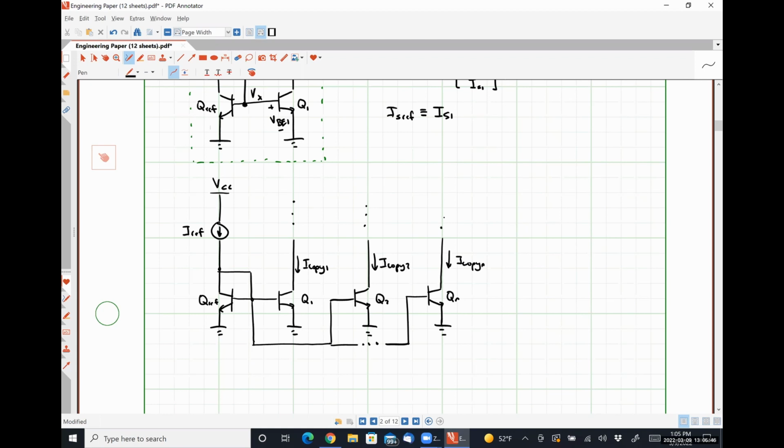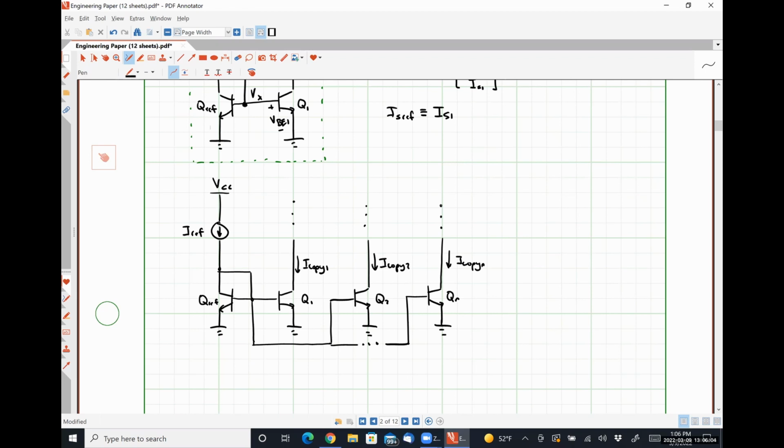So our current mirrors to this point are capable of providing what I'll call an exact copy of our reference current, something pretty close to an exact copy.